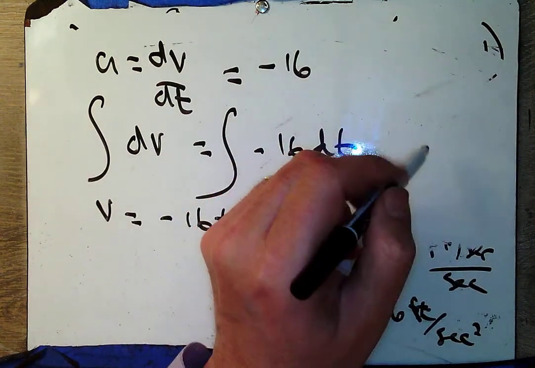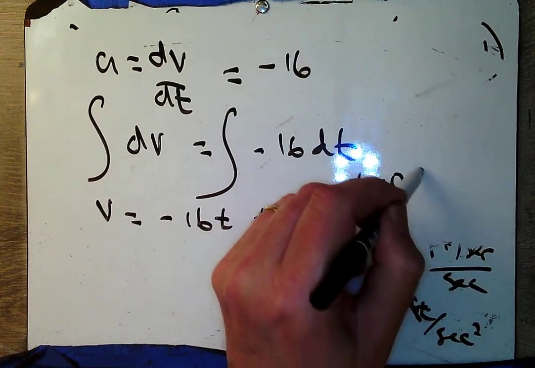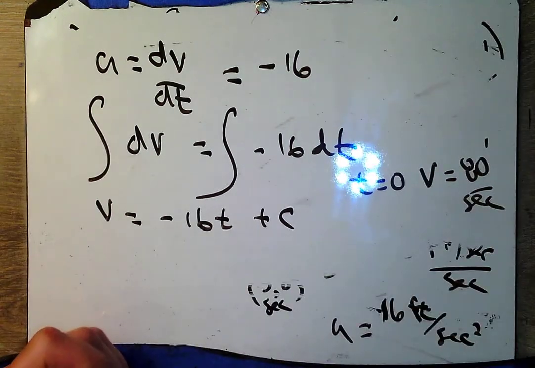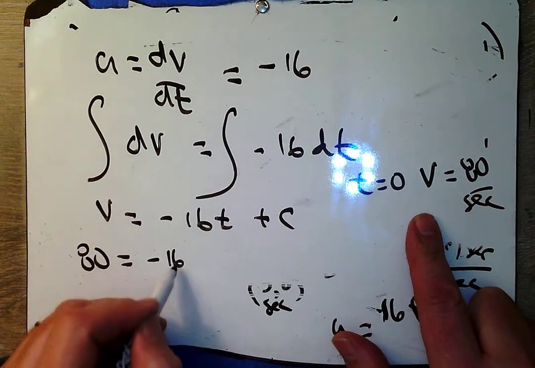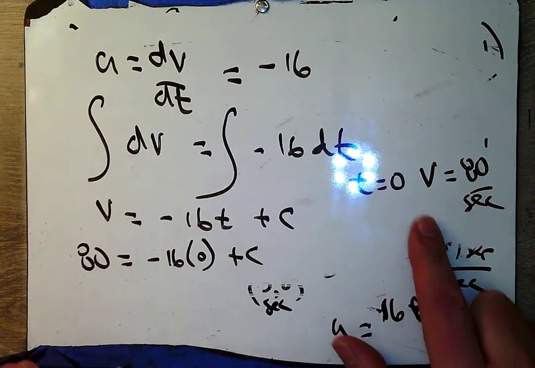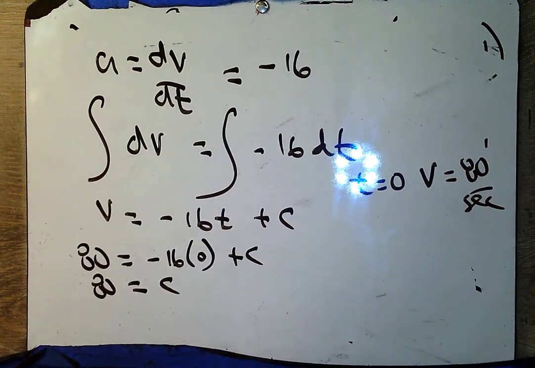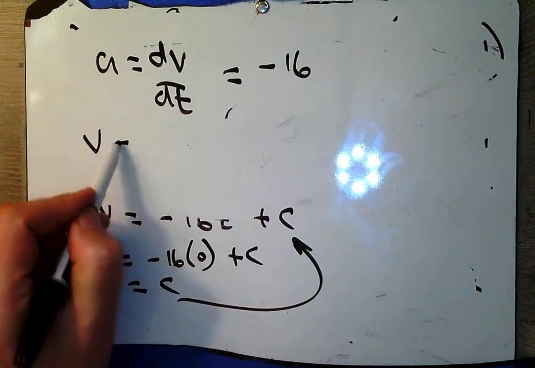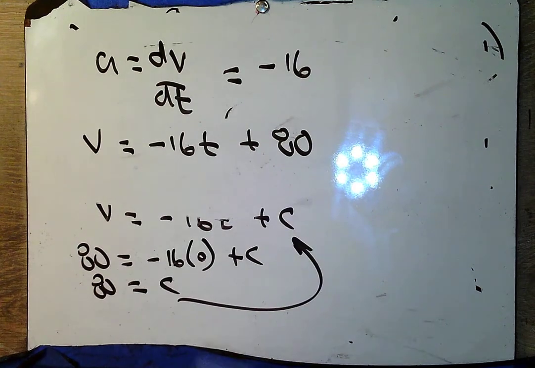I'm told that at t equals 0, we're going 80 feet per second. That's my initial condition. So I got 80 equals negative 16 times 0 plus c. Looks like 80 equals c. So now I've got a velocity function. I know my velocity is going to be negative 16t plus 80. Fabulous.